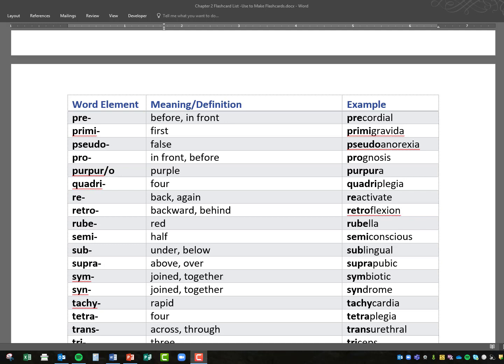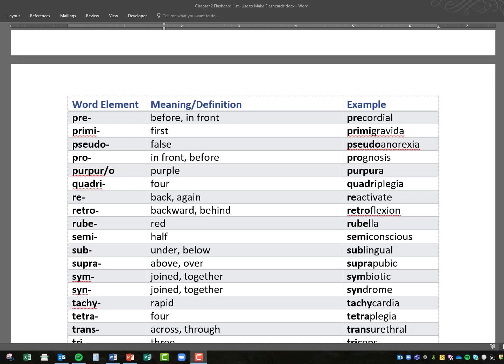Ruby red. Semi, half. So remember, there's a semi and a hemi. They both mean half. Certain times you'll use one, certain times you'll use the other. Remember, I'm not really asking you to put words together, so don't worry about when to use which one. Just know how to break it down, that you know that semi and hemi both mean half. Sub, like a submarine, under, below.